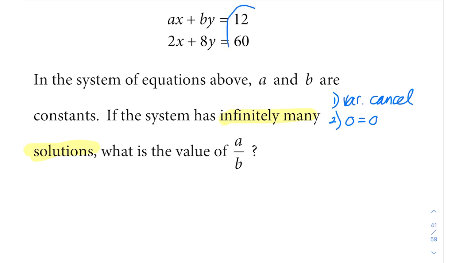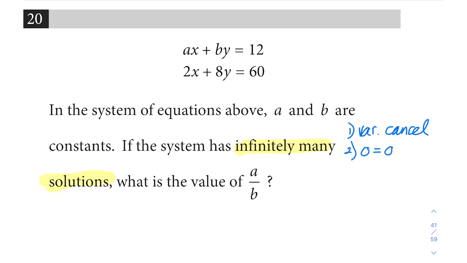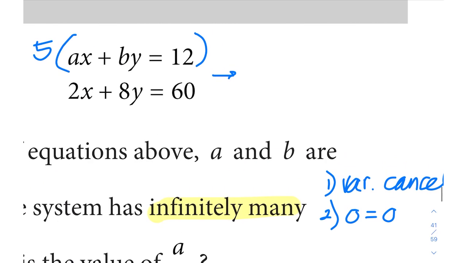But we do know what we need to do to get these constants to cancel, because these are both known values. So we want to look at this, and as is the case with any system of equations, we want to think to ourselves, what can I do to try to eliminate these values or use these values to cancel each other out? And here we can multiply this top equation by -5.